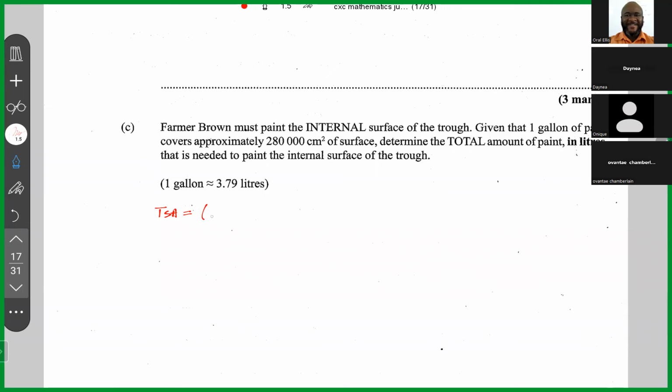So it's the internal perimeter, which would be 290 plus 290 plus 180 plus 180, multiplied by the internal height, which is 155, plus the area of the base, which is 290 multiplied by 180.